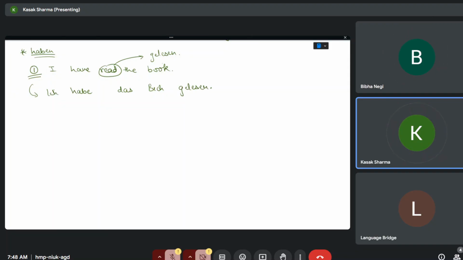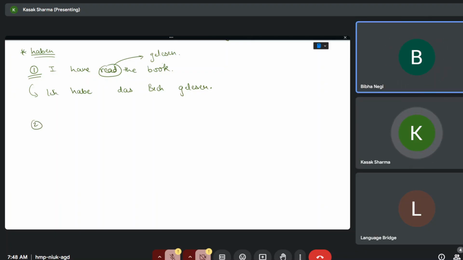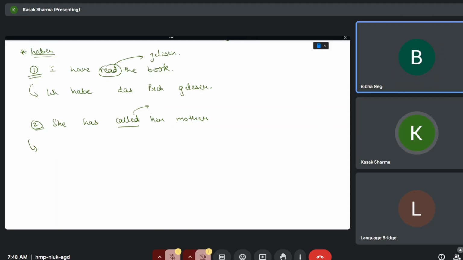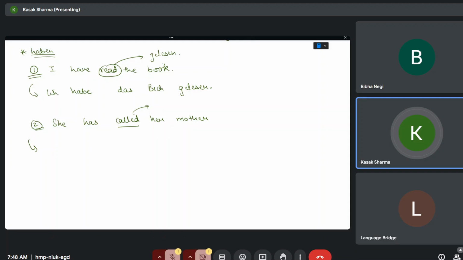Second one, let's say, she has called her mother. Can you try this one? What is to call in German? Anrufen. So what will be the participle of anrufen?